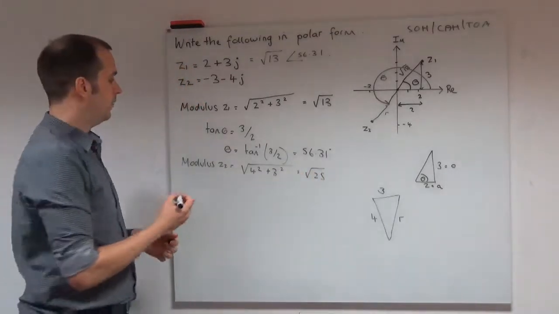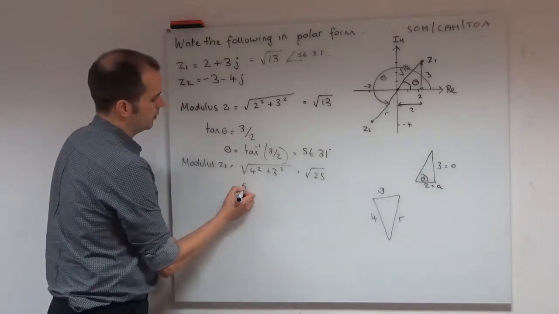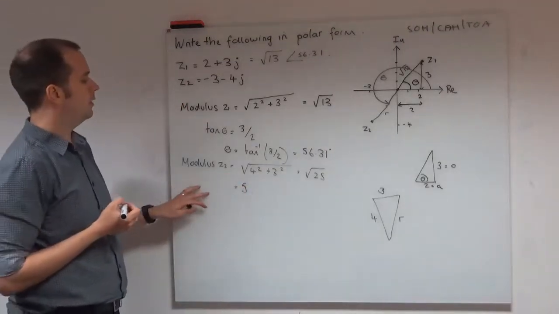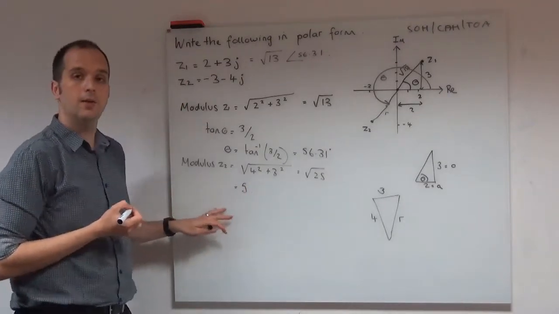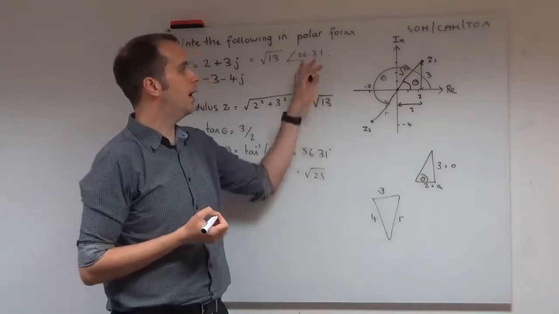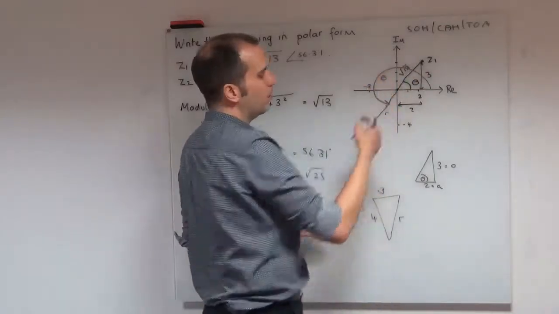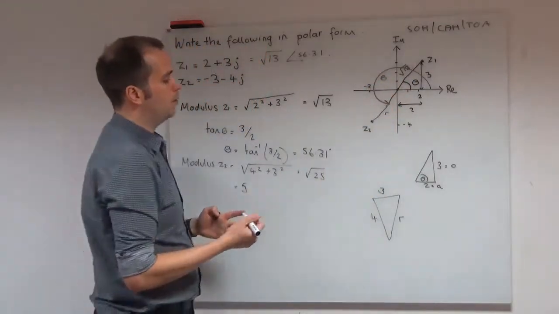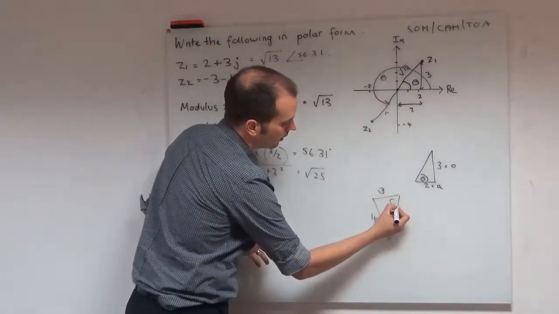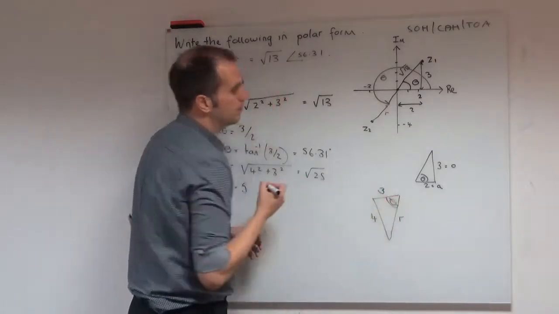And square root of 25 is 5. So we have the modulus of Z2. The only thing we need to work out now is the argument, the angle. Now, there's lots of different ways we can approach this, but how I'm going to work it out, I'm going to find this angle phi.